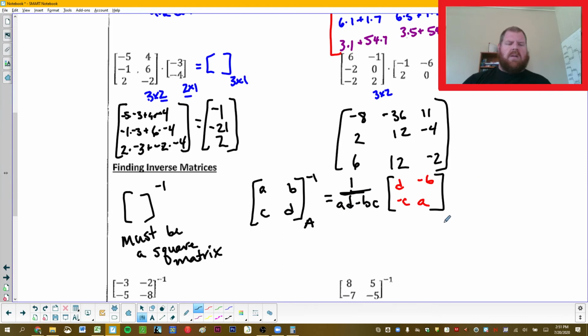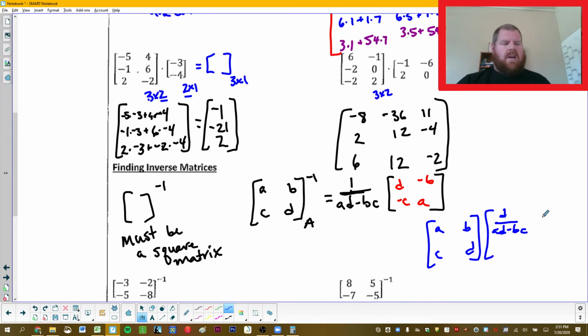It's going to make it look a little bit ugly, but if I take, let's use blue, if I take A, B, C, D, and I multiply it by its inverse, which once I do the scalar multiplication in there, looks like this: D over AD minus BC, negative B over AD minus BC, and then negative C over AD minus BC, and down here is A over AD minus BC.